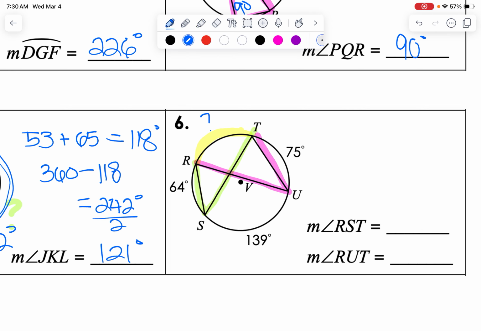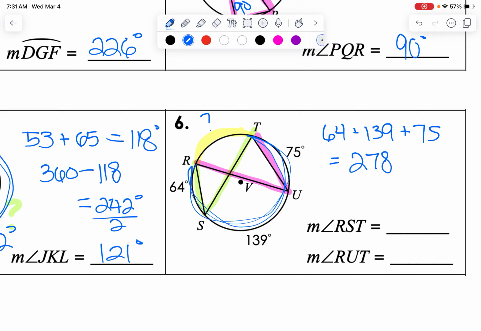So if I can find that arc first, I want to add up 64 plus 139 plus 75. That'll give me this all the way from here to here, major arc RST. So that would be 278.